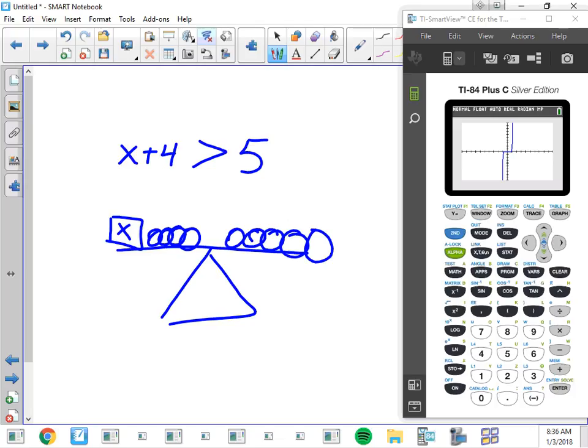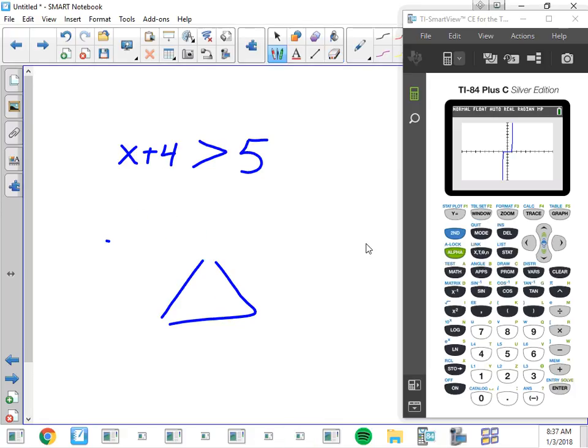What is happening with my inequality? What do I know about the left side? It weighs more than the right side, right? So it doesn't actually look like that. It looks like this.